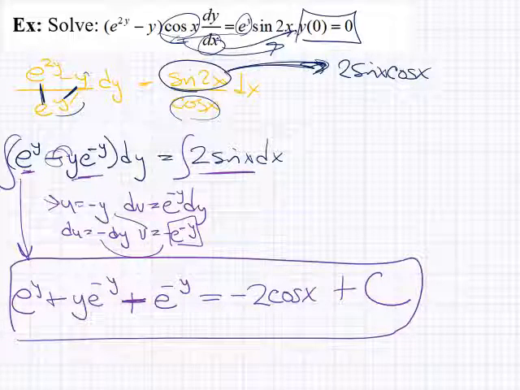Now that's just the answer to the differential equation. We then have to solve the initial value component, which is basically figuring out which c would satisfy this condition. Well, x and y are both 0 here.